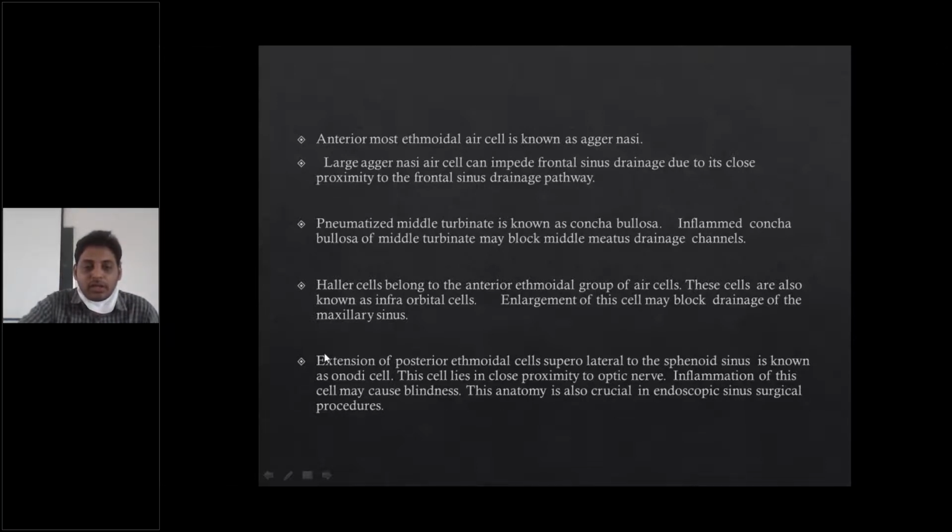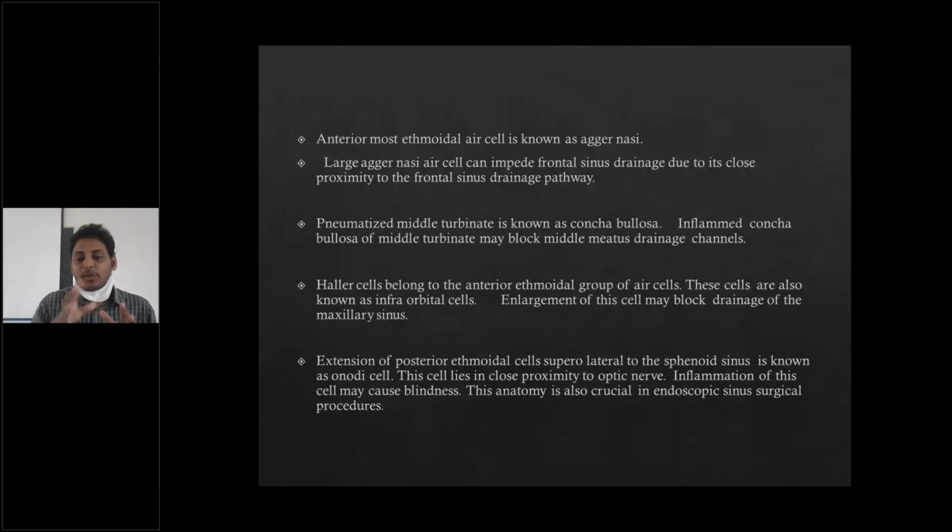So we should be very cautious, rule out the presence of an Onodi cell, and do the surgery very carefully if an Onodi cell is present, because usually the optic nerve and internal carotid artery lie superolateral to the sphenoid sinus proper.